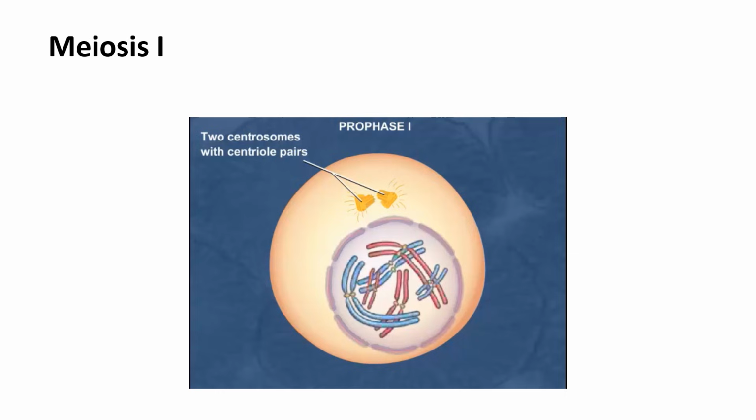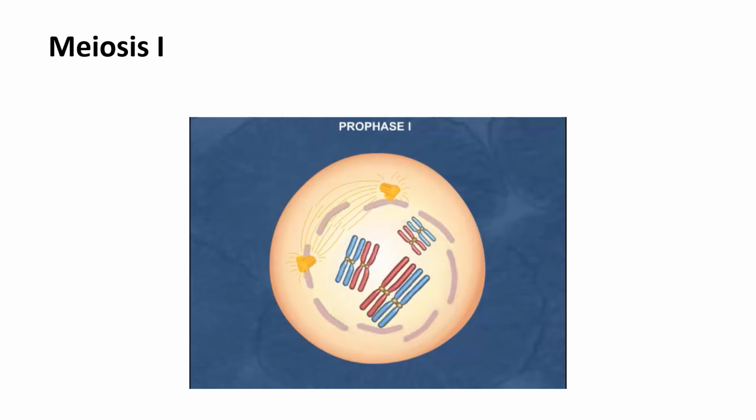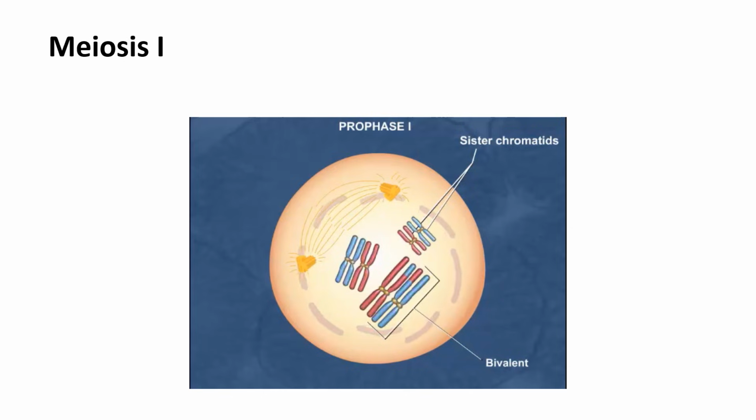Centrosomes, which duplicate at the beginning of meiosis, begin moving apart, and the spindle fibers begin forming. Early in prophase, synaptonemal complexes form, and the homologous chromosomes are seen to align next to each other to form a structure called a bivalent. A bivalent is composed of 4 sister chromatids. Crossing over will occasionally occur between homologous chromatids within a bivalent.